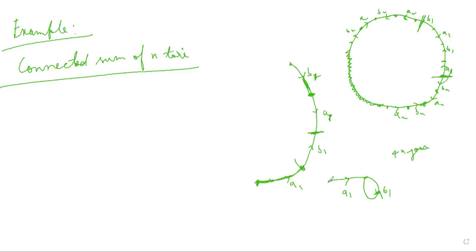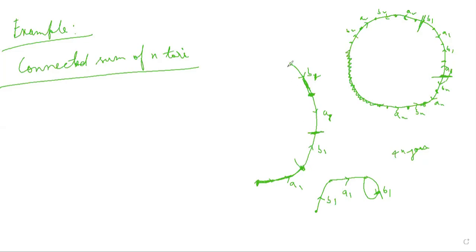Then you are going to have this B1 here. This B1 will be somewhere here, okay. Now this B1 is going to be identified like this.